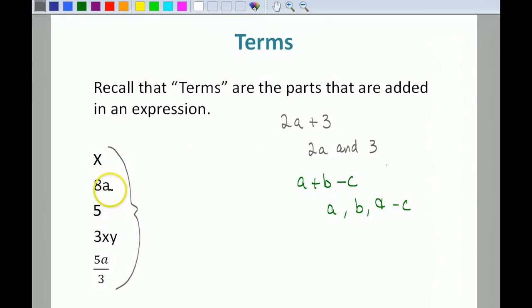It's connected by multiplication. 5, it's just a single number. 3xy is one term. It's connected by multiplication. 5a over 3, this one's connected by multiplication and division. So these are all single terms, and each individual term can be combined with multiplication and division.